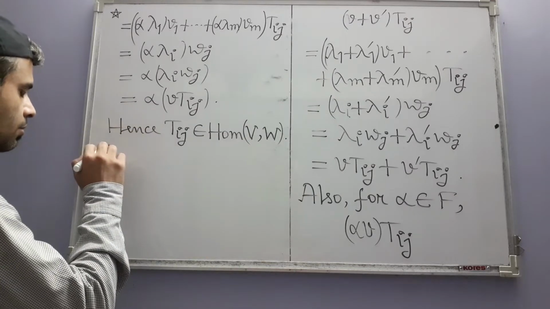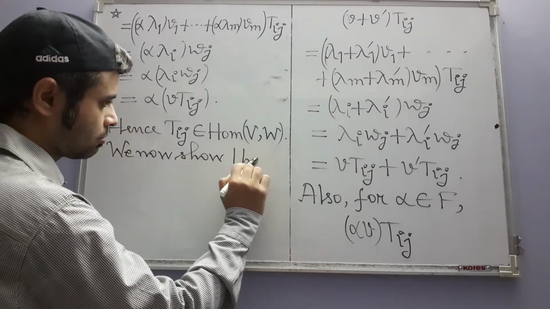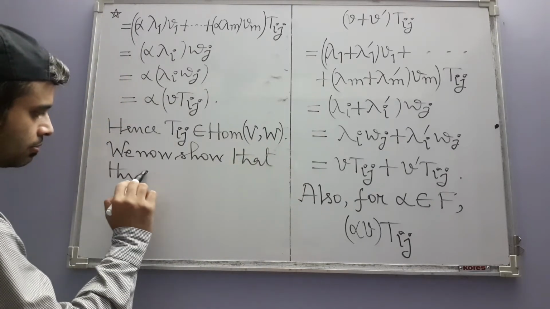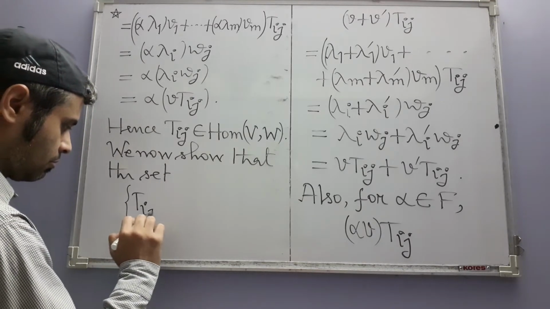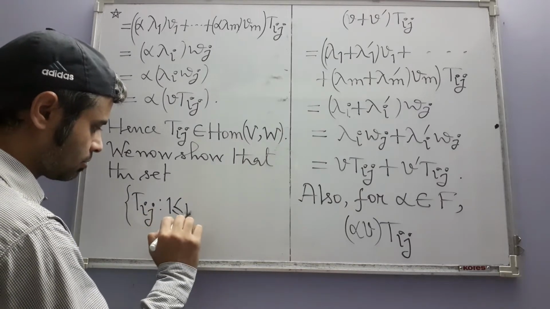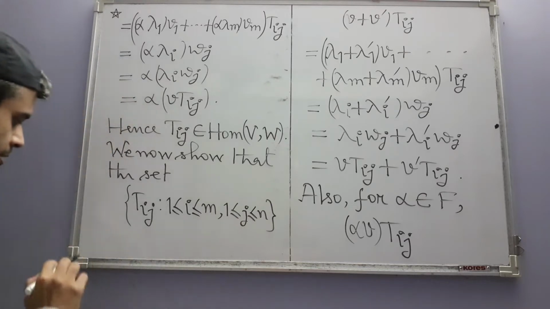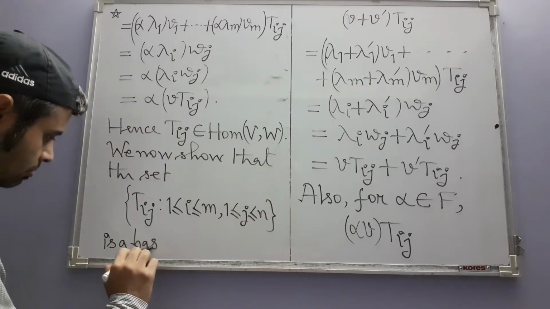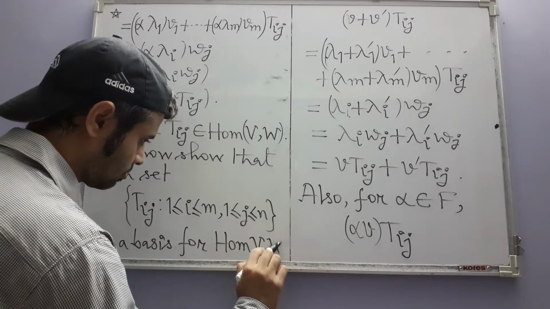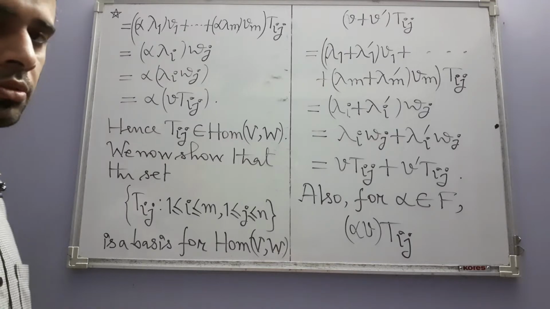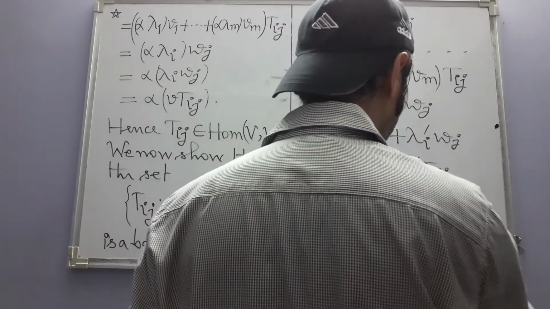Okay, we now show that the set of these functions is a basis for Hom(V, W) over F. So we are required to show two things.